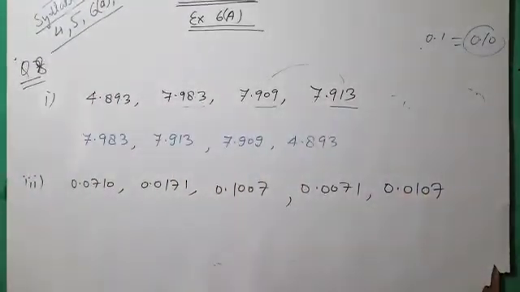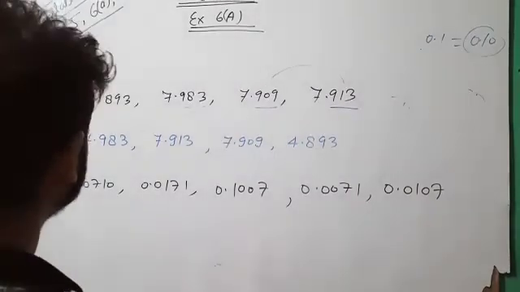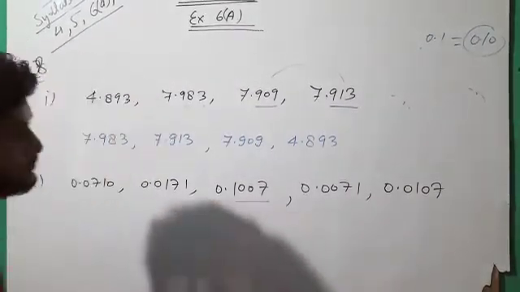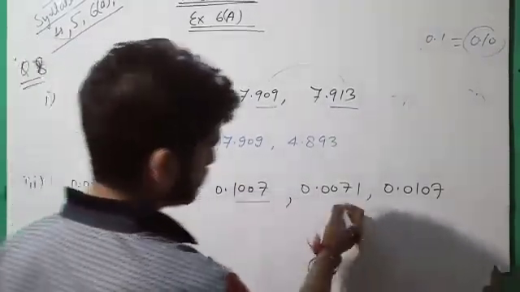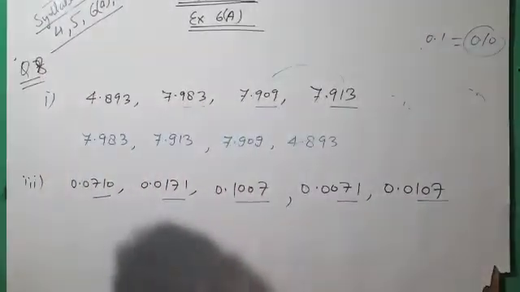Now have a look here. This is 1007 actually, 1000. Then 171, 710, 71, 107. Very simple question.